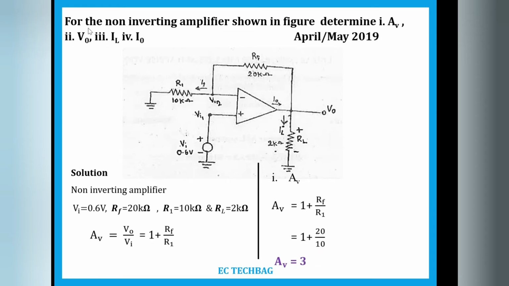So next one is V0. We are going to calculate this V0 from this formula. That is, your voltage gain V0 by Vi is equal to 3. We know the value of voltage gain and the voltage gain is equal to V0 by Vi.